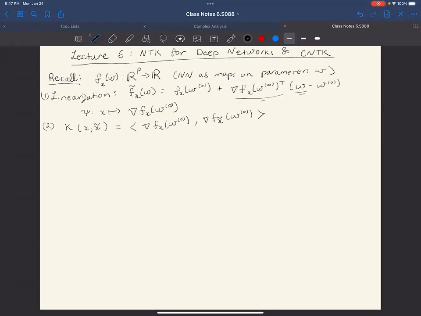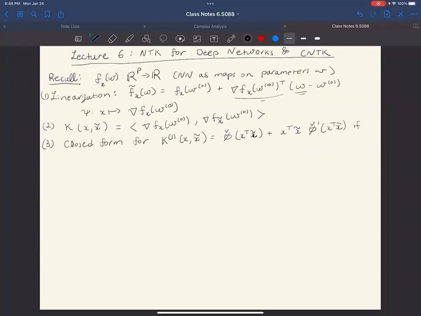So then what did we do? We computed some closed forms for this. So a closed form for the NTK of a one hidden layer network, which I'll just denote k superscript 1 of x and x tilde. And remember, we wrote this as the dual of x transpose x tilde plus x transpose x tilde and the derivative of the dual at x transpose x tilde.